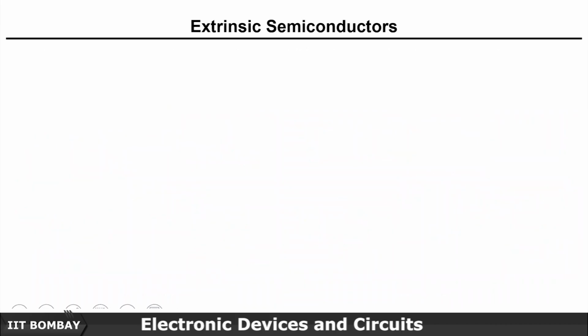Now, let me show you how the current happens in the case of extrinsic semiconductors. Let us say you have some lattice of silicon forming bonds.